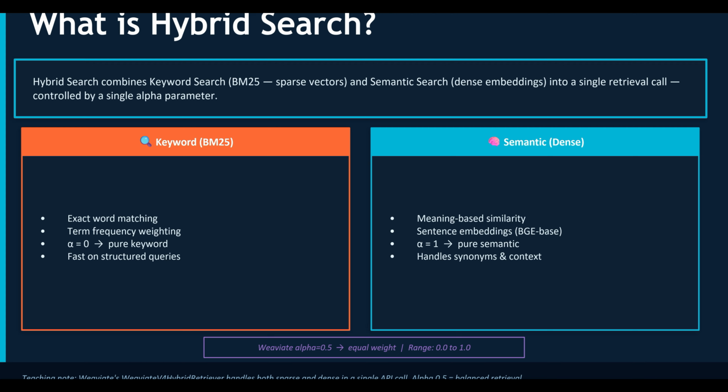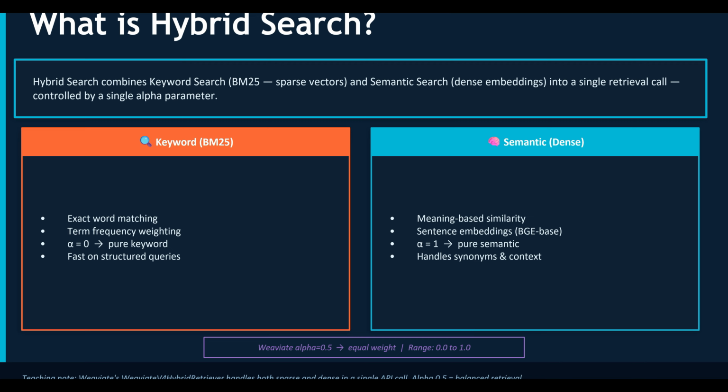In Weaviate, both of these happen inside the database itself. We configure alpha to control the balance. Alpha 0 gives you pure keyword results. Alpha 1 gives you pure semantic. Alpha 0.5, which we will use, gives equal weight to both.